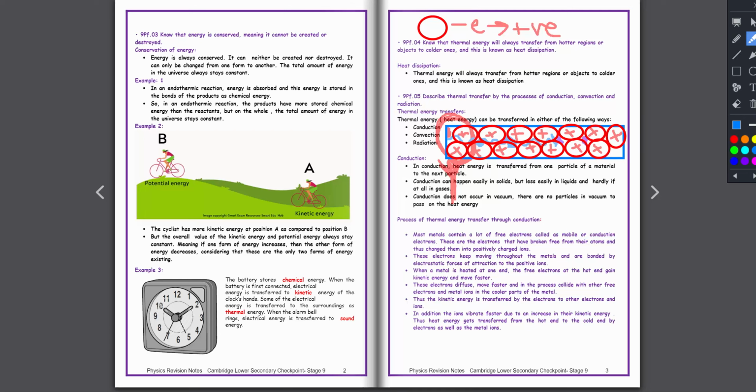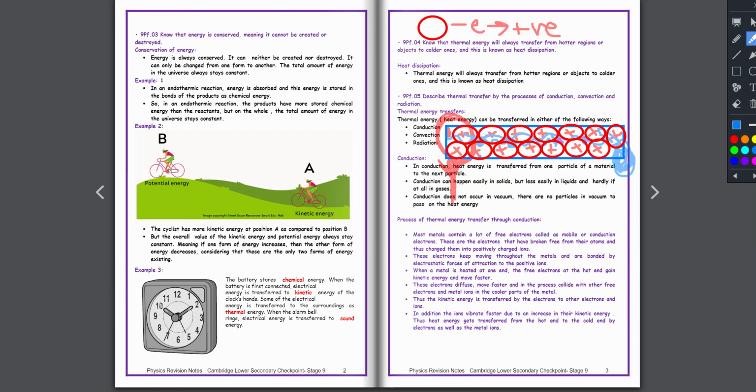They are moving from the hotter region, colliding with other electrons, giving away some of their energy, and by the time they reach this end, heat energy also gets transferred here. Therefore, after some time, if you touch this end, you feel this end is also becoming hot. So there is a conduction of heat energy that has taken place. And who's done the conduction? The free electrons or the mobile electrons.